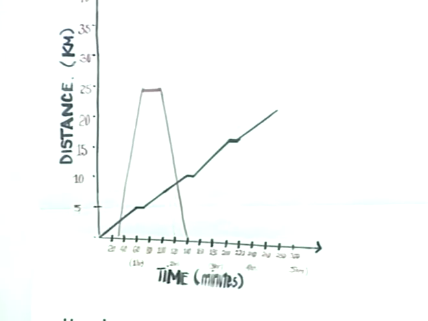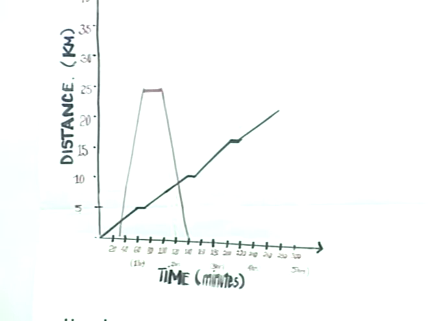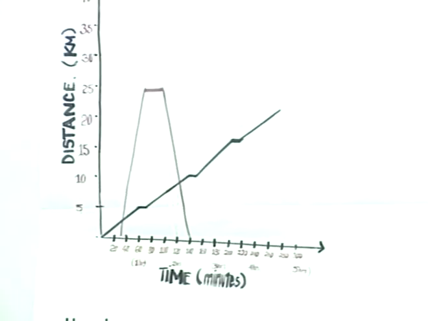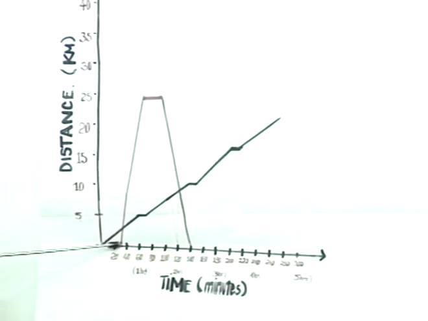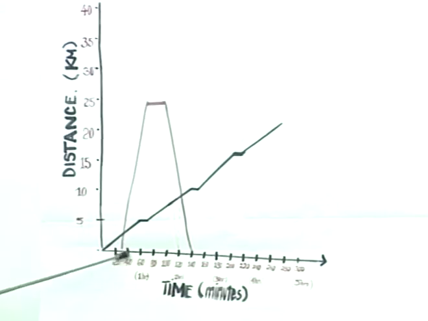Half an hour later, Mr. Wong's car starts from Kerevat going in the same direction at an average speed of 40 kilometers an hour. So after half an hour, Mr. Wong's car starts here.